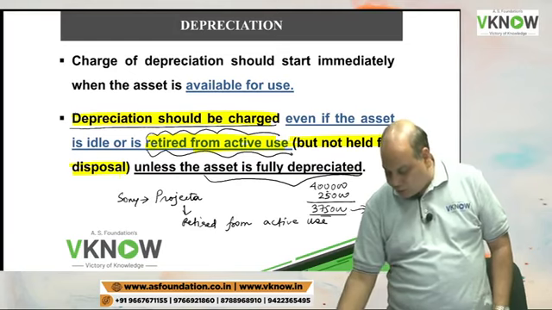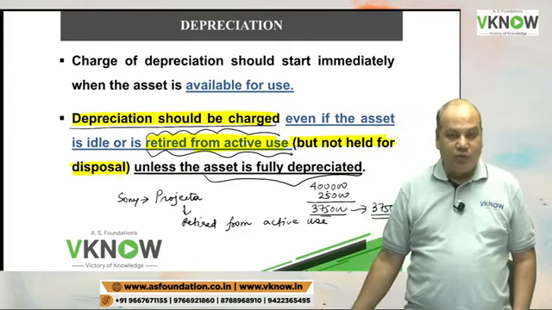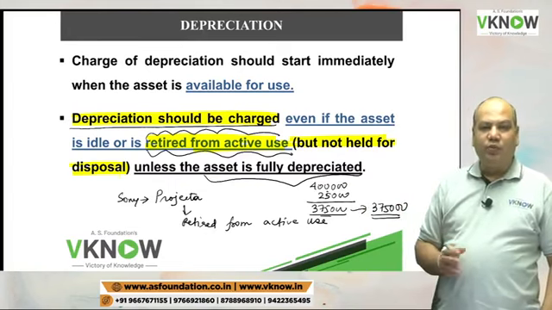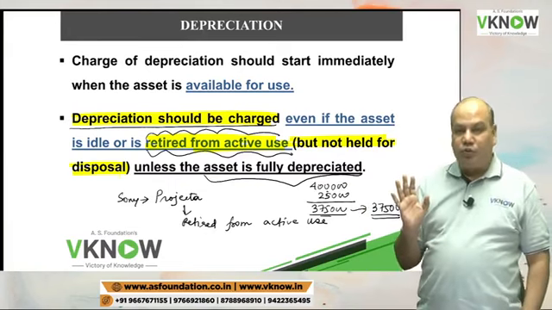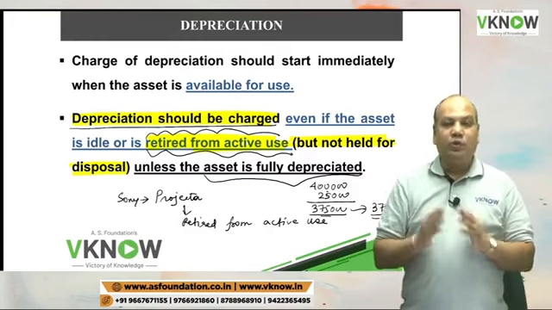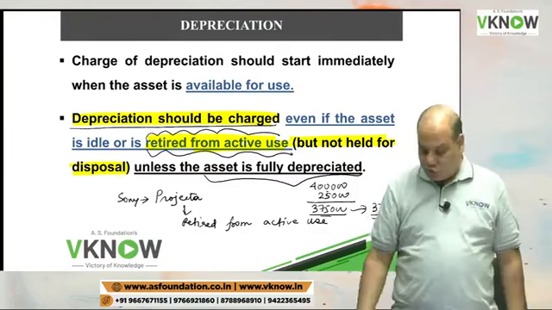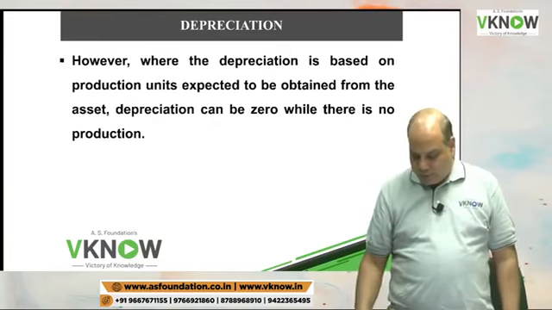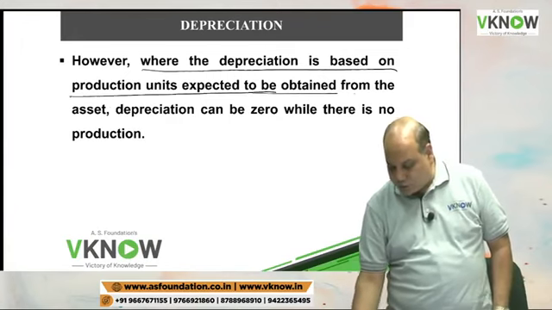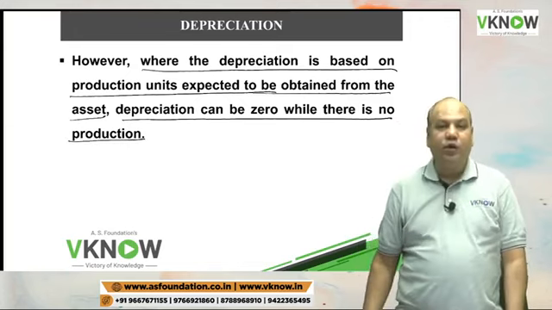If I have already depreciated 3 lakh 75,000, then even if it is retired from active use, you are not going to provide depreciation, because whatever maximum depreciation I could have charged, I have already charged. Next point, where the depreciation is based on production units expected to be obtained from the asset, depreciation can be zero if there is no production.